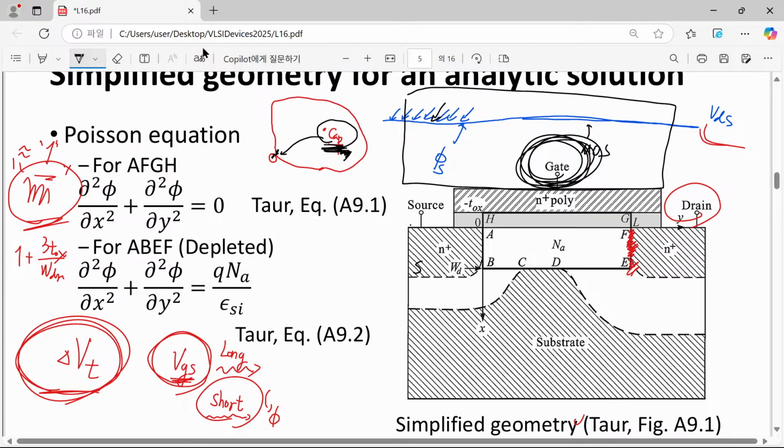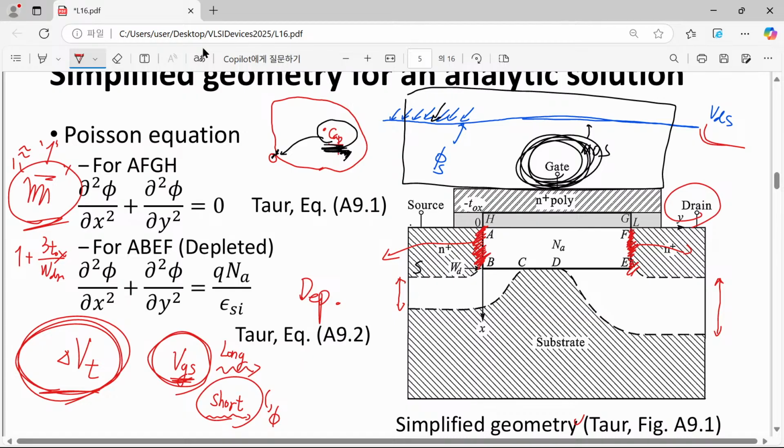So now think about other boundary conditions. Here and there we have a boundary condition from source and from drain. And how about this BCDE line? This white region corresponds to the depletion between source and body, drain and body. If you are studying semiconductor physics, then you have to understand the difference between the widths in this drawing.